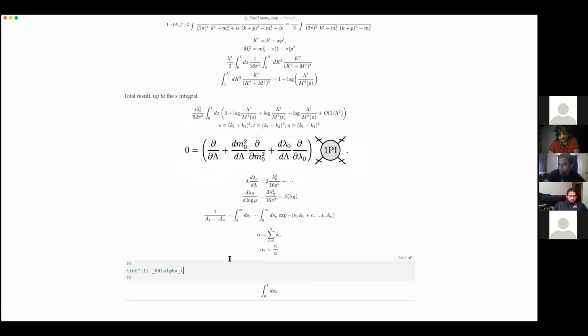Let's do it this way. This, the product, I from 0 to n, right? But then I still have this integral, 0 to infinity.